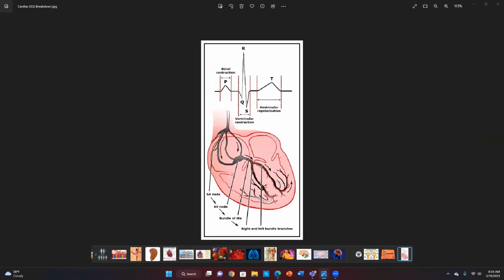Why is it significant? Well, if my patient has damage to the heart muscle, or they have some issues with the heart at the level of the SA node, what's going to happen? The AV node is going to kick in. The problem is the AV node is not going to have enough of that force, that atrial kick that happens at the SA node.